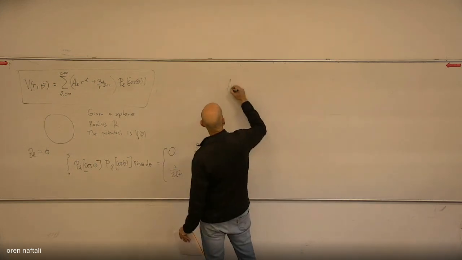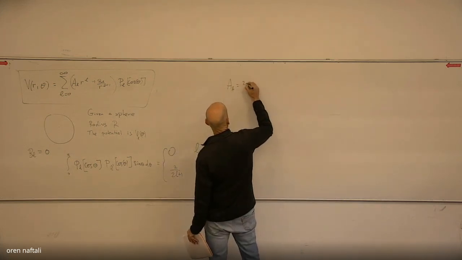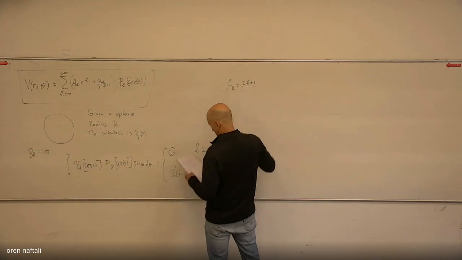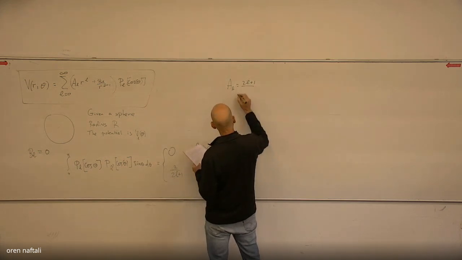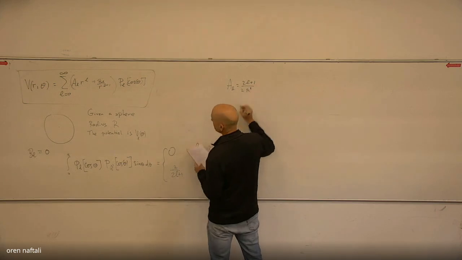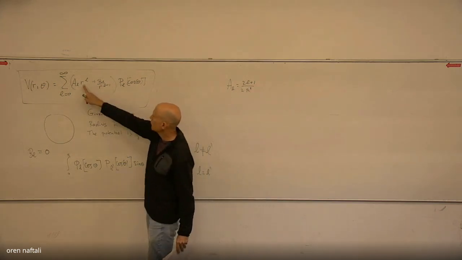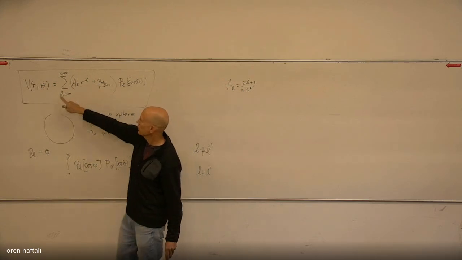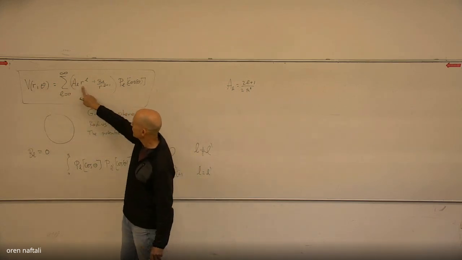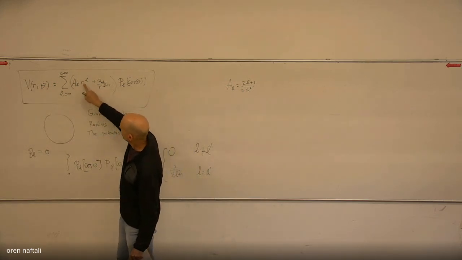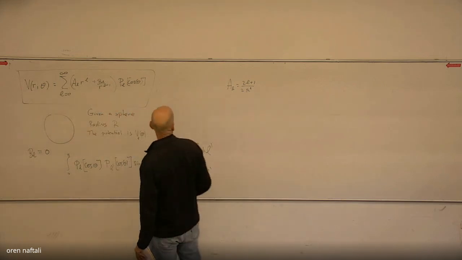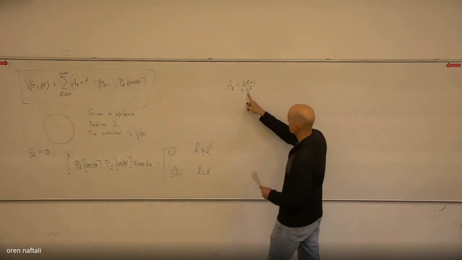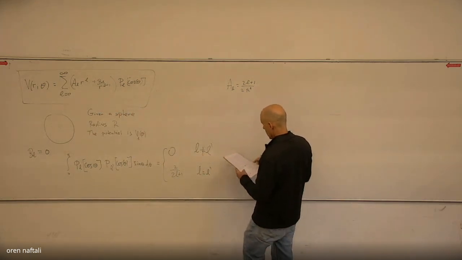A_L is 2L plus 1 divided by 2R to the power L. This will come from here. See, this is capital R because I'm putting here capital R. Then it will go downstairs when I divide. So here is the capital R inside.